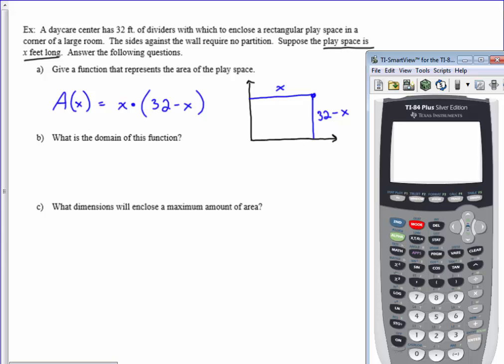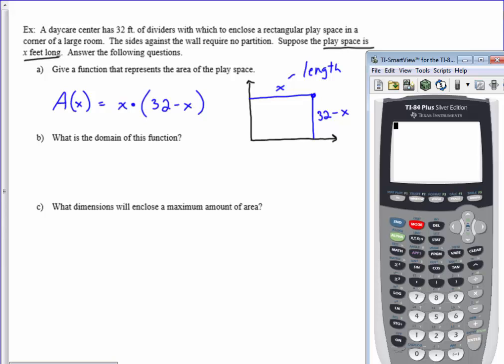What is the domain of this function? Well, the domain is going to be x values. In this case, our x value represents a length. Because it's a length, it must be greater than 0. In other words, we can't have a length measuring 0, so it must be values larger than 0.